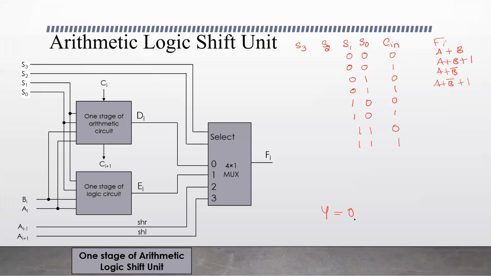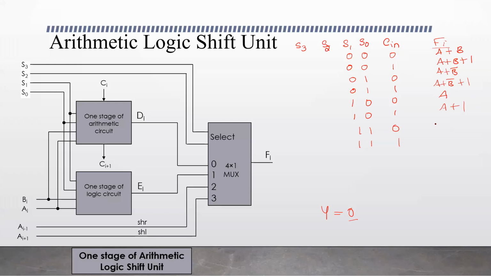The third input to the multiplexer is logic 0. So carry is 0 here, so it is A plus 0 plus 0, it is A. The operation performed is transfer: transfer the content of A to register F. And 1 0 with carry 1, that is A plus this operation plus 1. Because carry in is 1, that is increment. The arithmetic operation performed is increment.